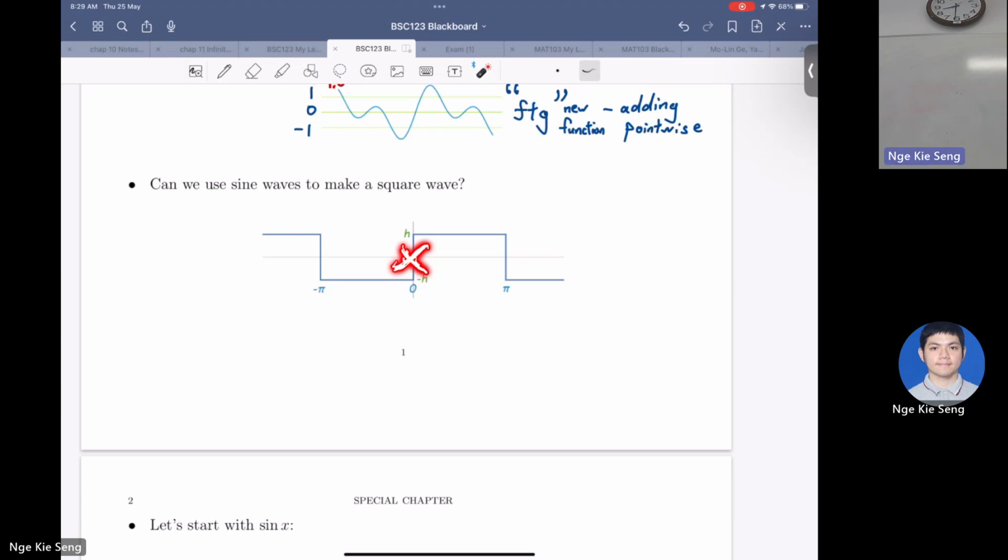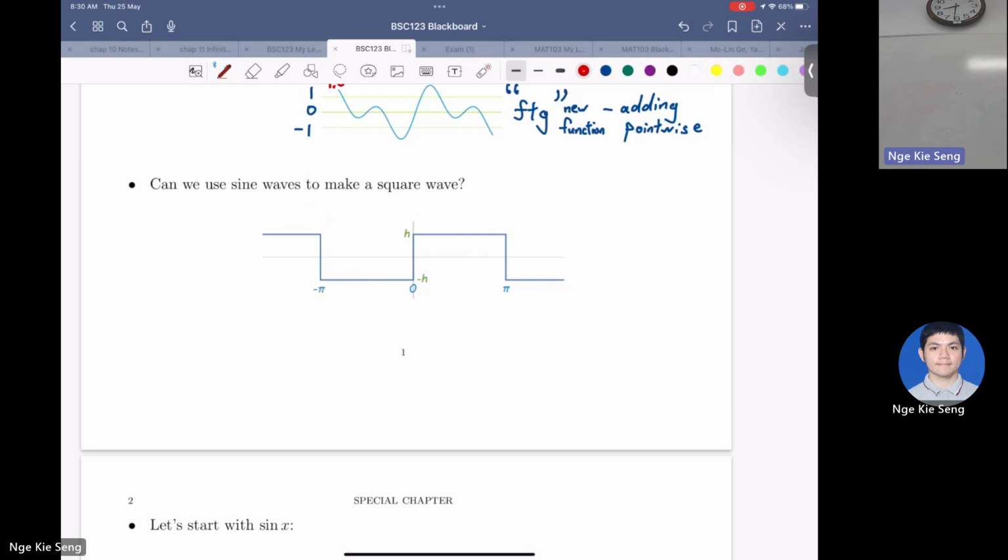Does it break? It doesn't break, because when you add up continuous functions, it's still continuous, right? So what's the value of it? It's also not 0, but it is the mean: half of the sum of the limit from the left and from the right.